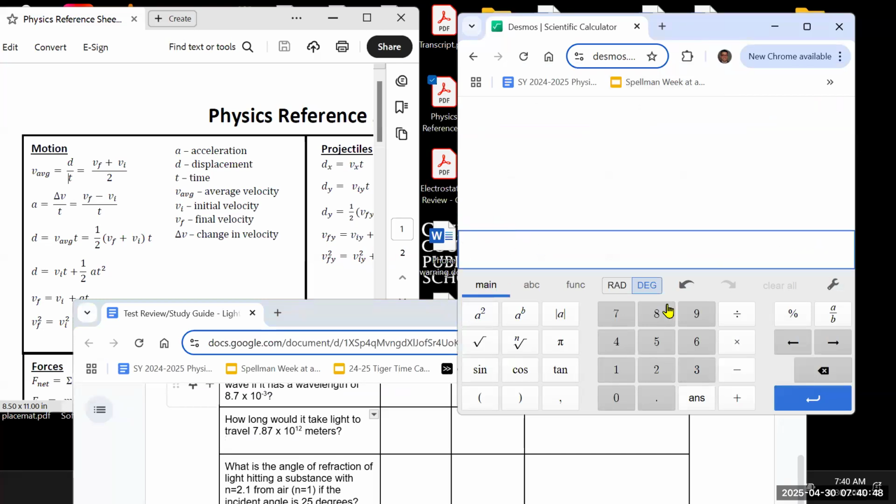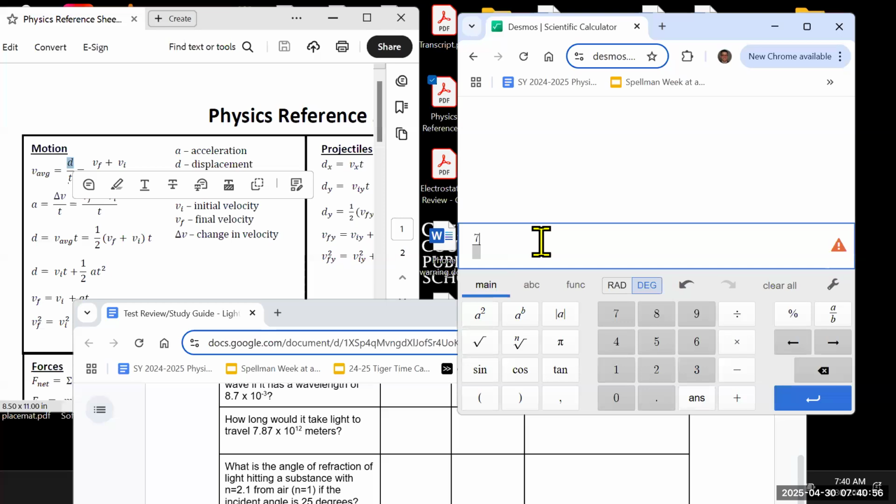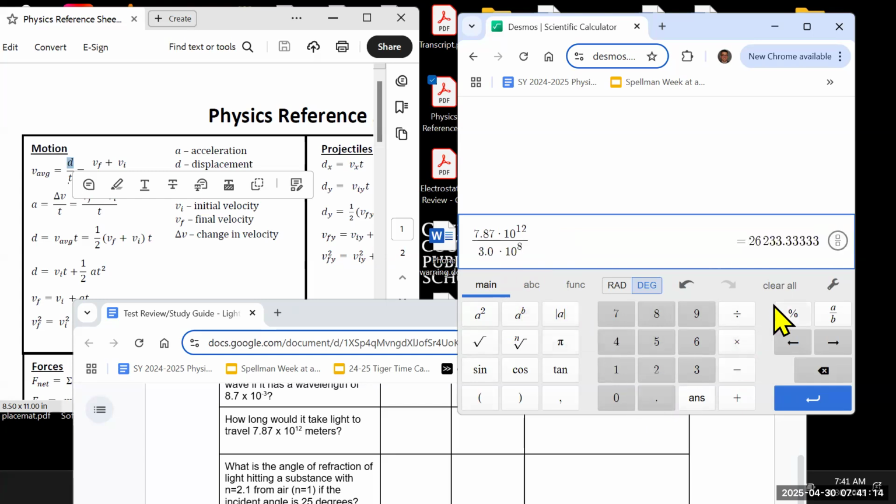All right. So again, it's a division problem. My distance, again, is going to go on top. My distance is 7.87 times 10 to the 12th. And the speed of light, again, 3.0, which you don't have to put the 0 if you don't need to, times 10 to the 8th.